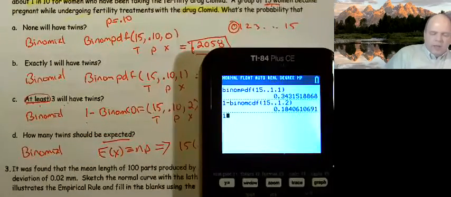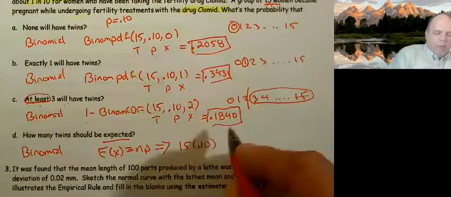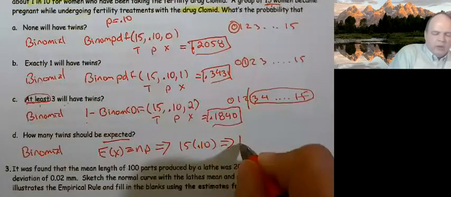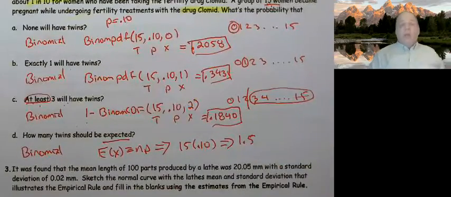So 15 times 0.1 means on average we'd expect to have 1.5 sets of twins. And what that means is, if we did this over and over again, millions of times, with groups of 15, on average 1.5 would have twins.